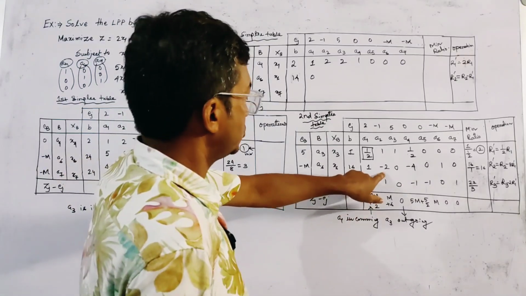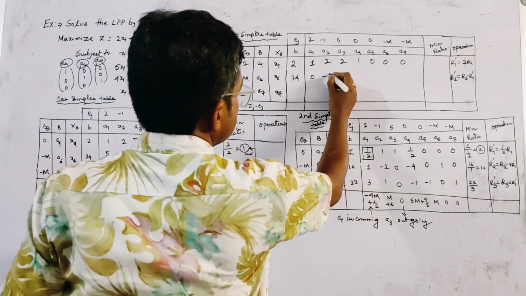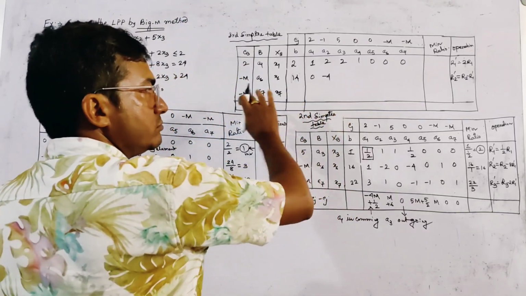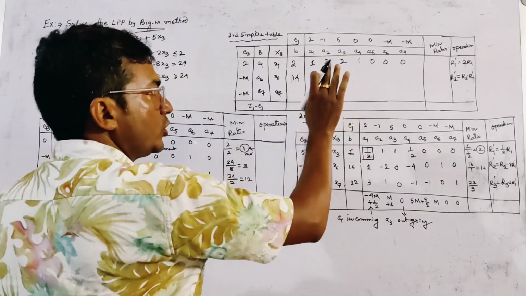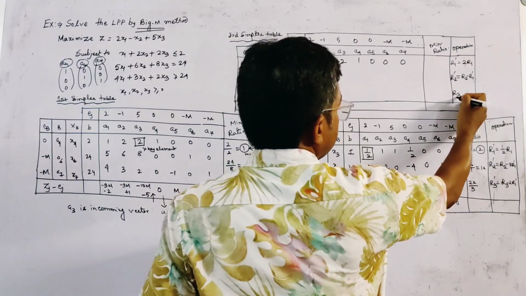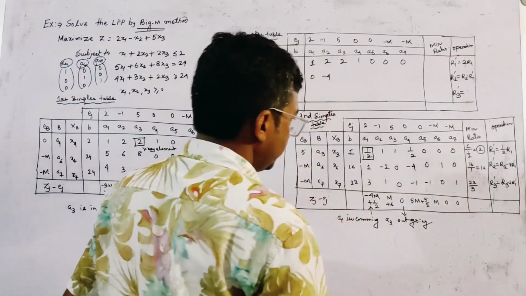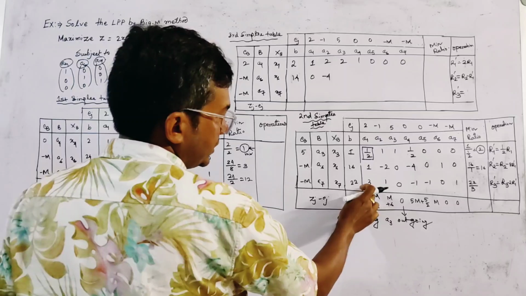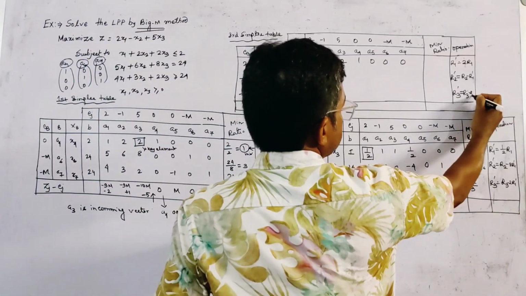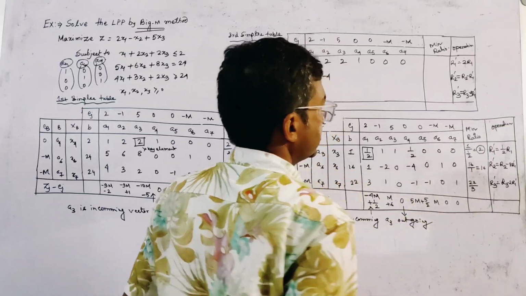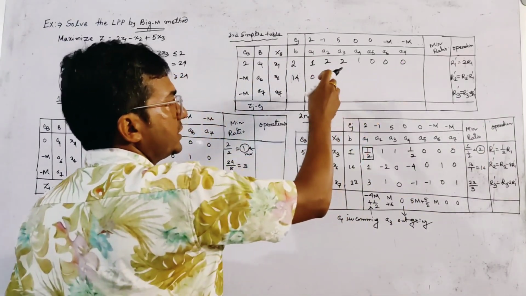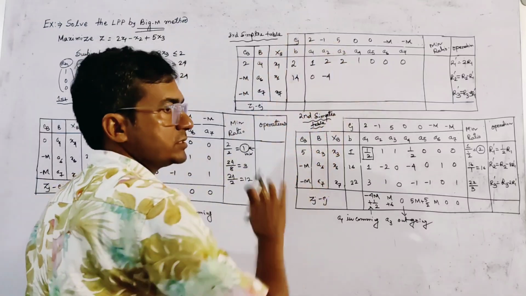This is minus 2 minus 2, this is minus 4, and similarly we get all the elements of this row. And we write here the operation R3 dash. This is 3, so we operate R3 minus 3 R1 dash. And by the same argument we complete the elements of this table.